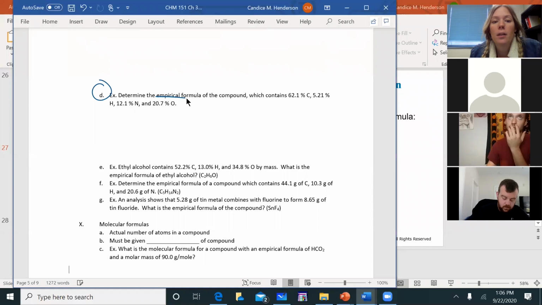And remember, empirical formula is the lowest ratio of this compound. It contains 62.1% carbon, 5.21% hydrogen, 12.1% nitrogen, and 20.7% oxygen.